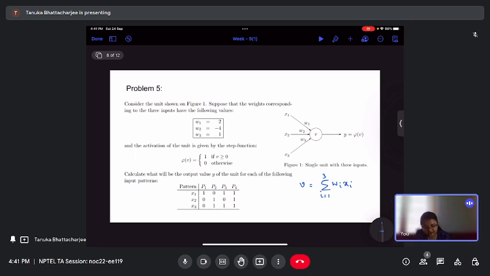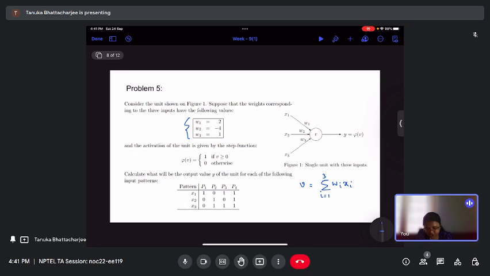Now, it is said that suppose the weights corresponding to the 3 inputs have these values. W1 is 2, W2 is -4 and W3 is 1. So, you have already learned the weights of this particular neuron, and these are the weights that you arrived at.